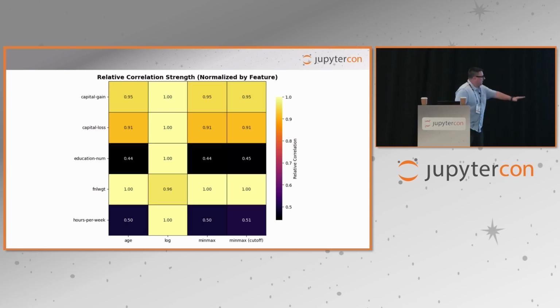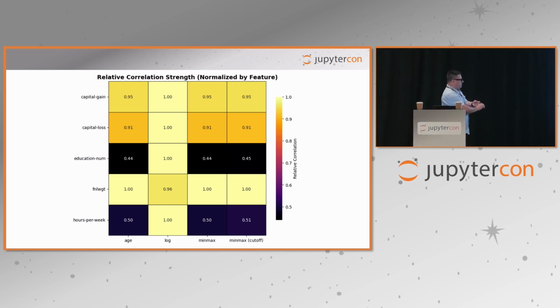And then in our x-axis, we have our raw age, the log version, the min-max, and that min-max cutoff. And these are all reflecting normalized equivalents. So when we see 0.96, for example, that doesn't mean it's a 0.96 correlation. It's just relative in terms of a percentage.